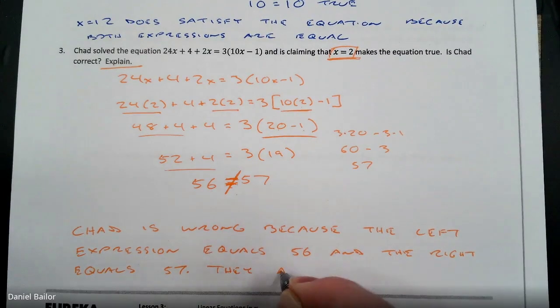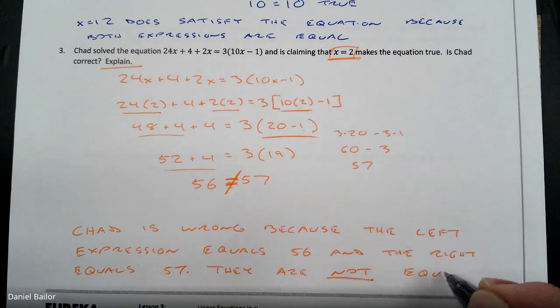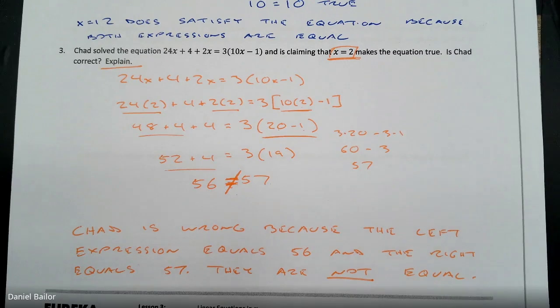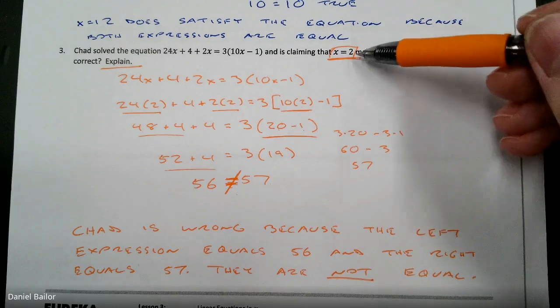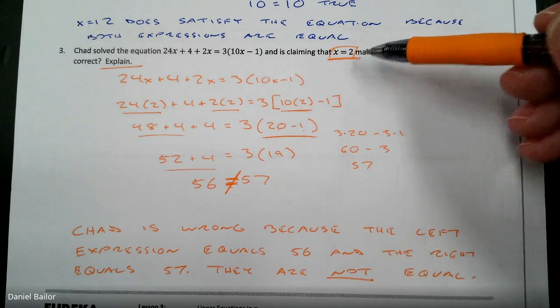They are not equal. That's my explanation. Basically, 56 does not equal 57. So x equals 2 is not a good solution. X equals 2 is not the answer.